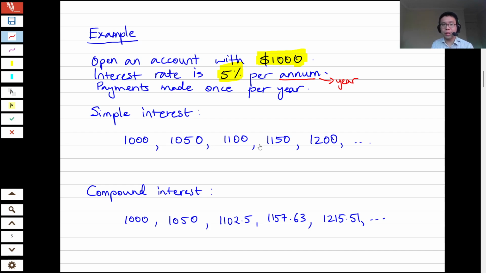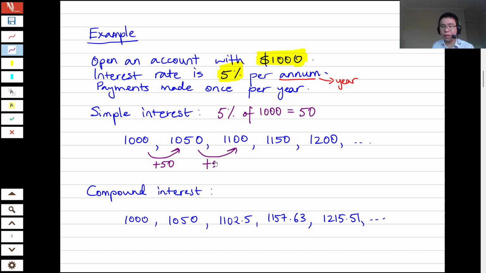So if we did this calculation for simple interest, we would start by finding 5% of 1,000. And if we do that calculation, we get 50. So what would happen in the case of simple interest is we would add 50 at the end of the first year. But we would not change this amount.